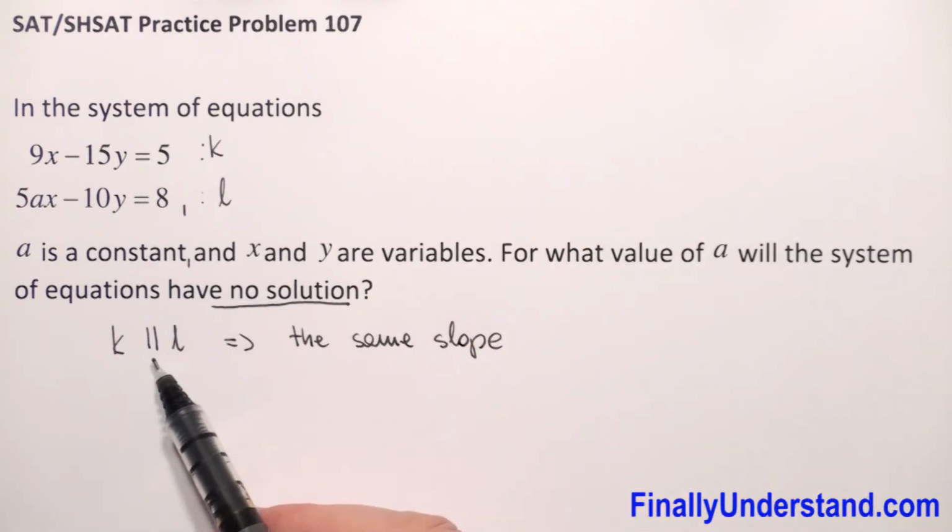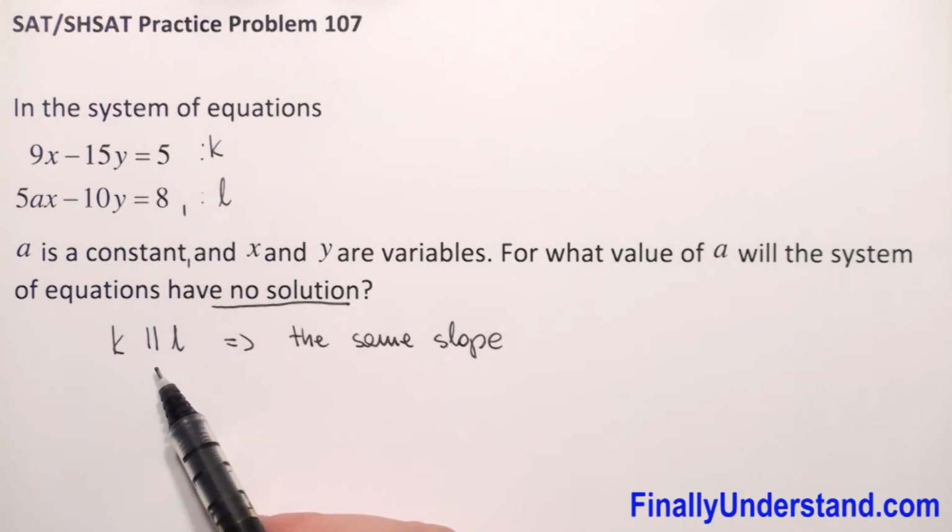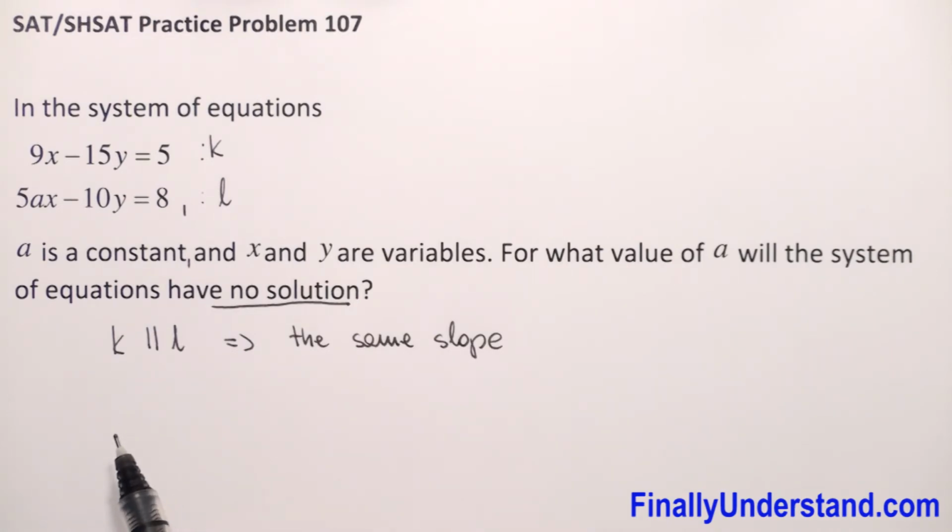When two lines are parallel, they don't touch each other, so they don't have a common point, so the equations will not have a solution. So one more time, we have to find the slope of K and L first.